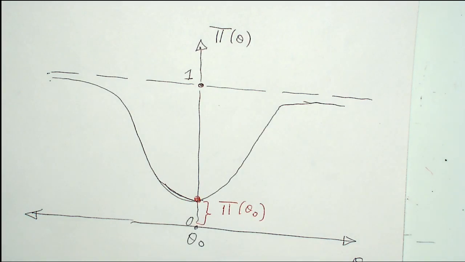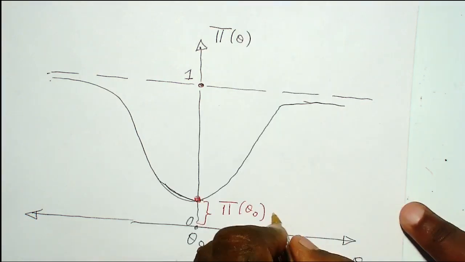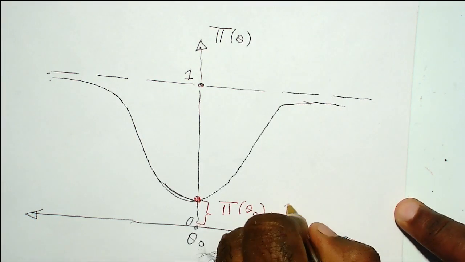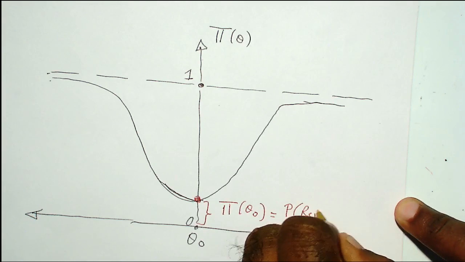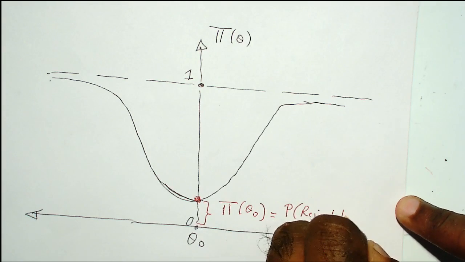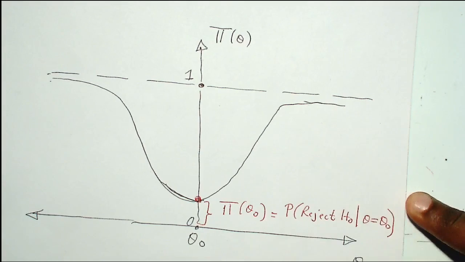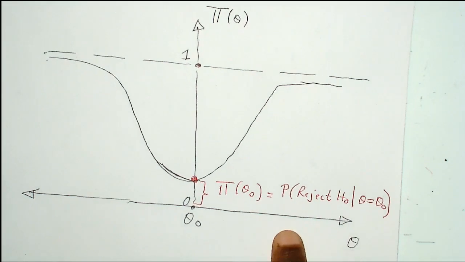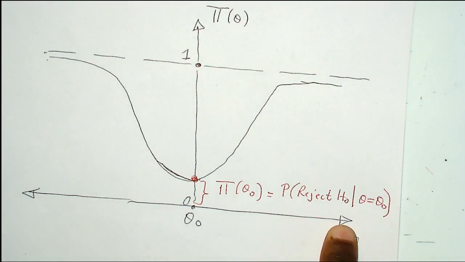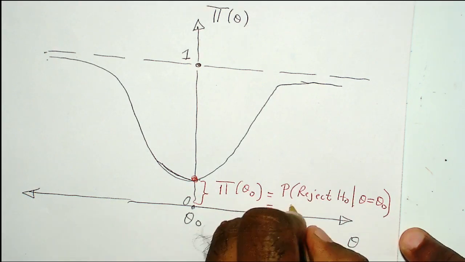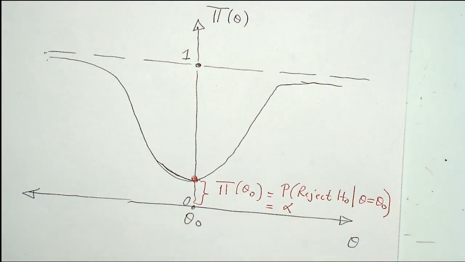Now, pi at theta 0, by this definition, is the probability of rejecting H0 given that theta is equal to theta 0. Now, can you tell me what this is equal to, guys? Alpha, exactly. So this is equal to alpha, which I defined just a few minutes ago, guys.